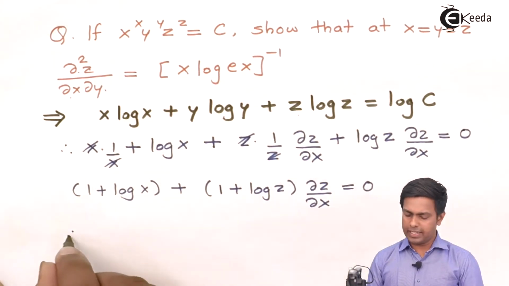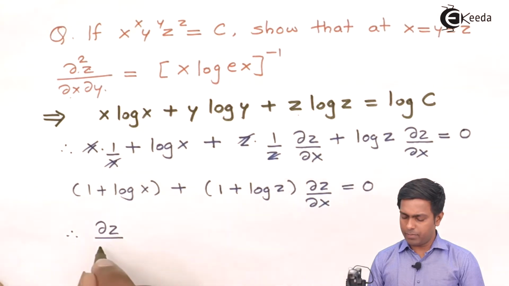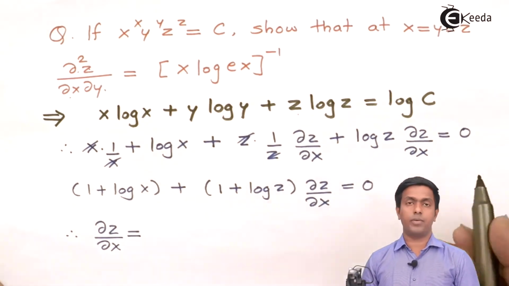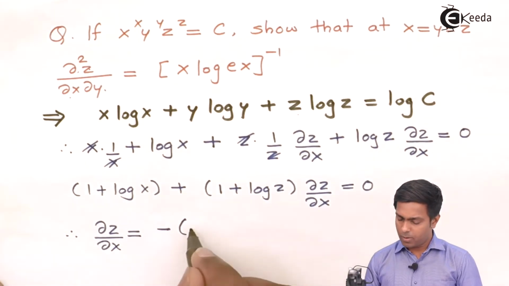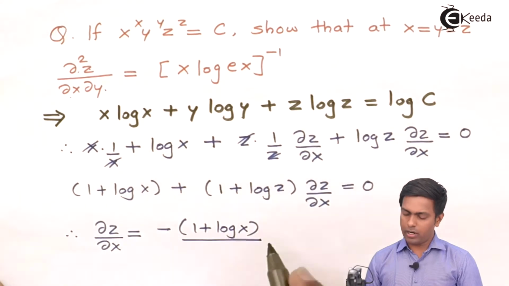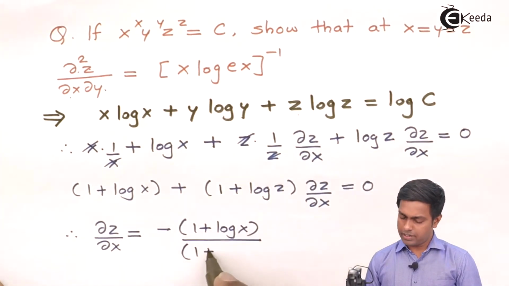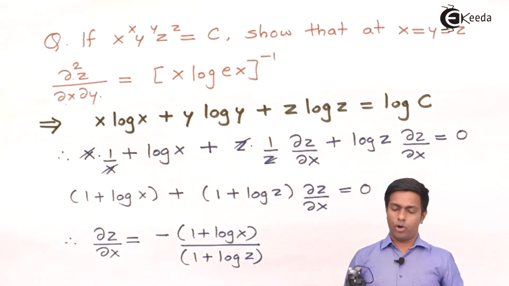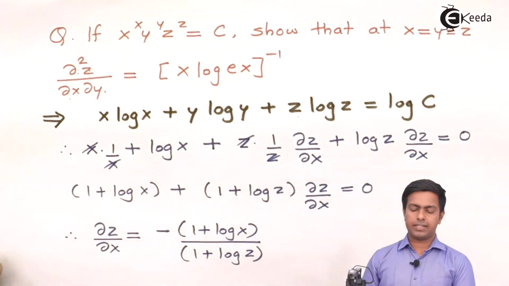So therefore we can say that the value of del z by del x is equal to, so this will go on the right hand side and become negative, so minus (1 plus log x) upon (1 plus log of z). So guys, here I got the value of del z by del x.